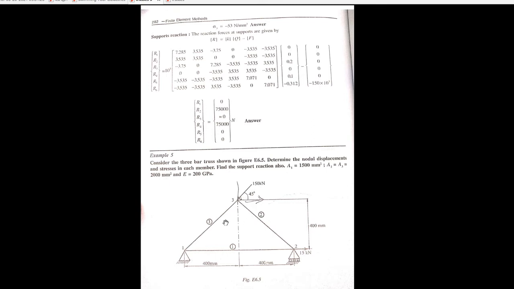Similarly, in the y direction, Fy is equal to F sin theta, in the vertical direction.